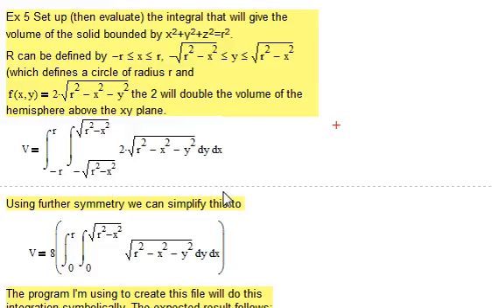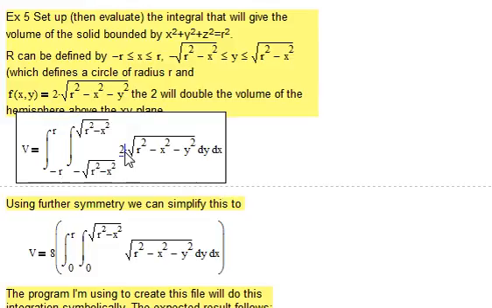And so using a little further symmetry, if I go from 0 to r, that's just going to be half the circle, so then I just double it again, so that would make a 4 here.